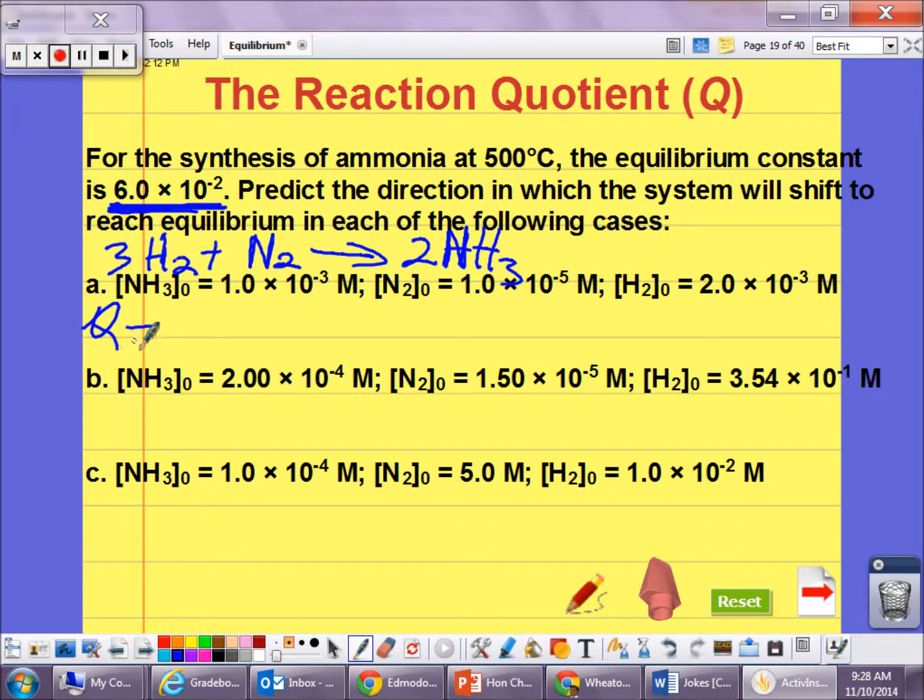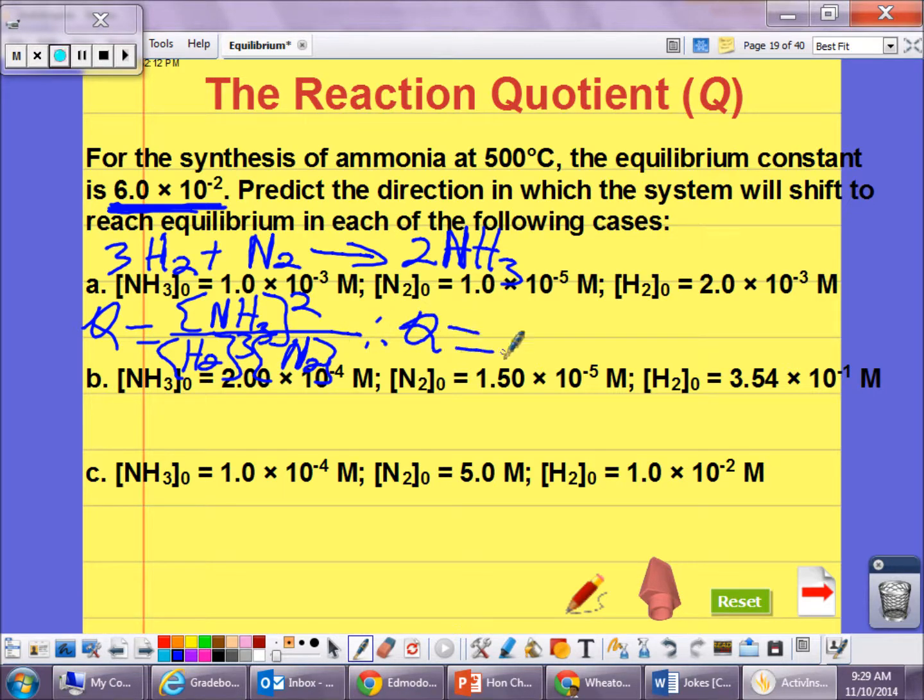Q equals ammonia squared over H2 cubed times N2, and then I just plug in the numbers.